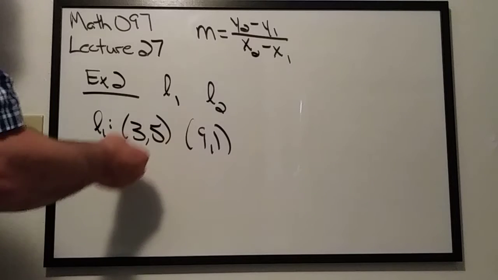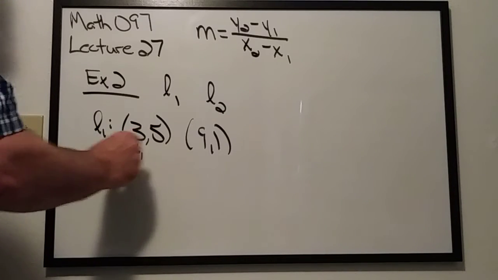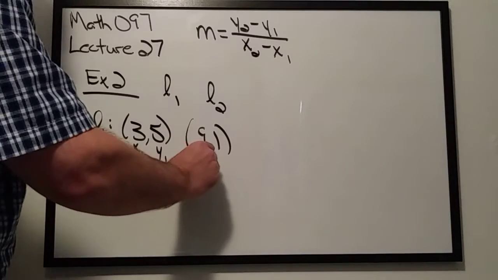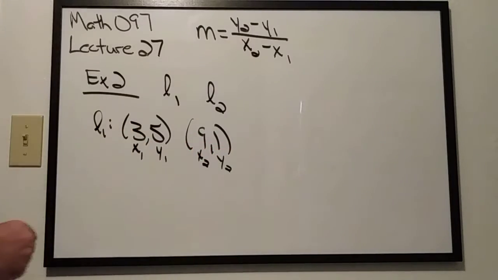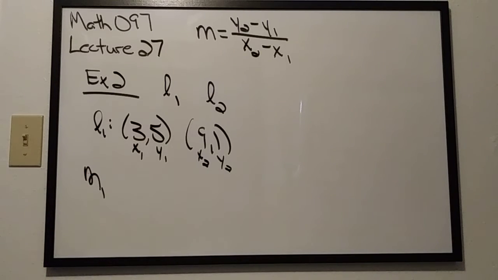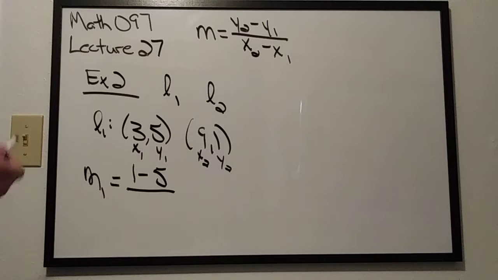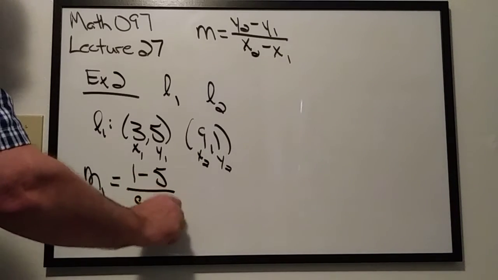I'm going to say this is point 1 because it's the first one that was given to me. That means that we have an x-coordinate here called x1 and a y-coordinate here called y1. This is then going to be point 2, which means we have the x-coordinate of x2 and the y-coordinate of y2. So the slope of my first line, I can call that m1, and that's going to be y2, 1, minus y1, 5, divided by x2, 9, minus x1, 3.